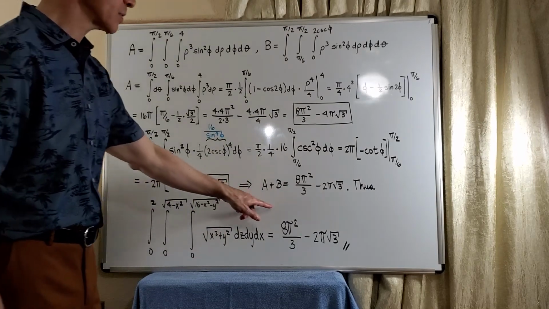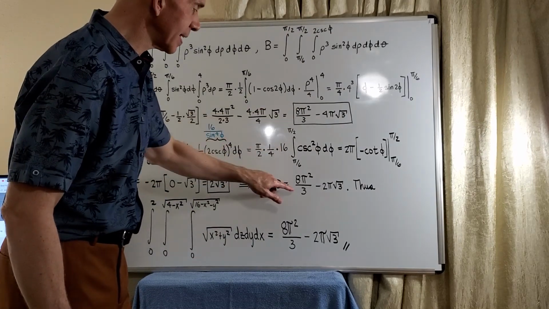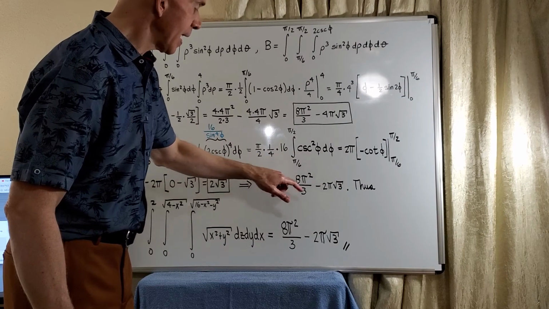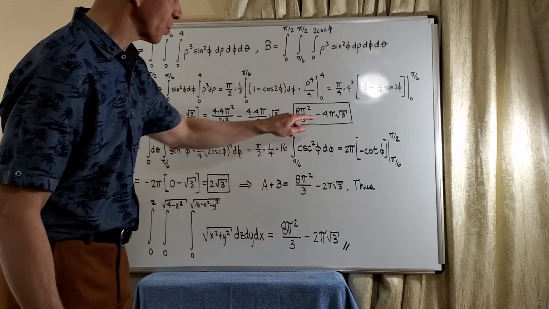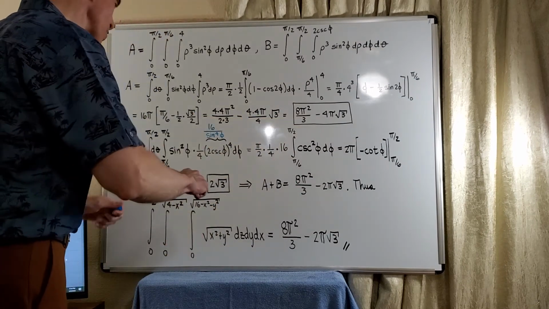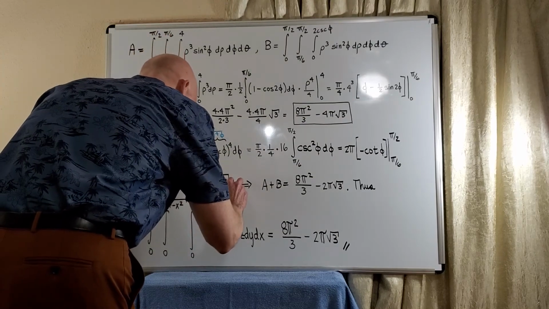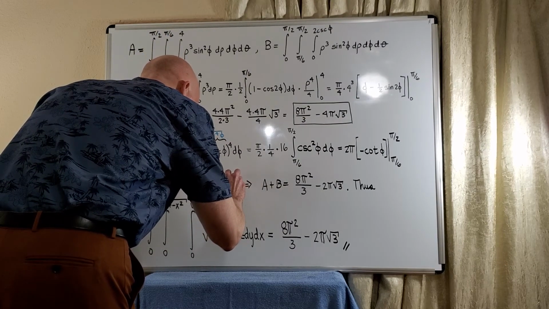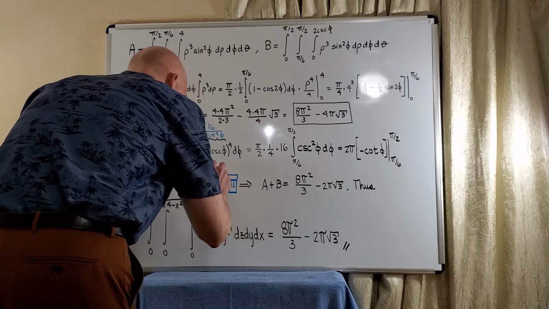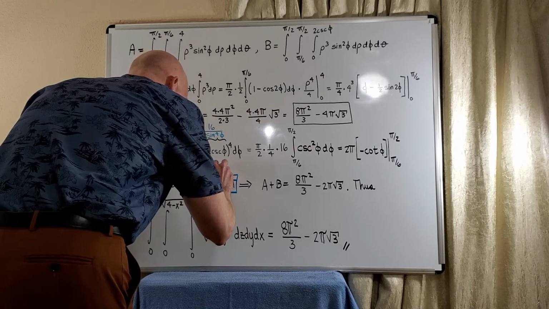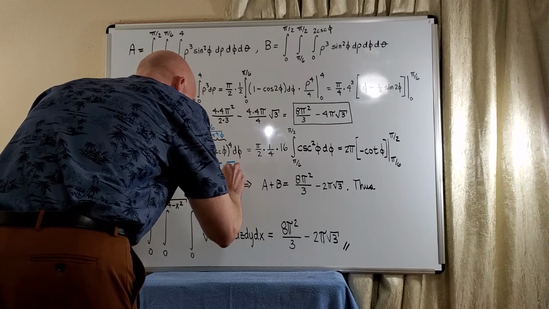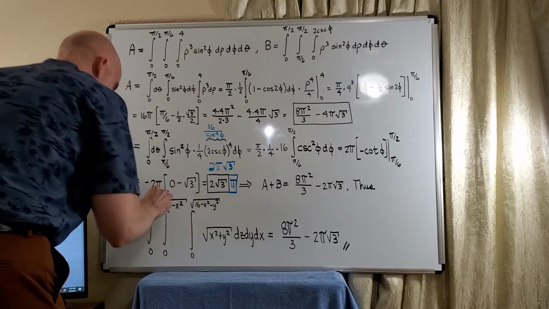Now, when we add the two, notice we still get the 8 pi squared over 3. And when we add the 2 root 3, oh, sorry, I left out my pi here. Tragic. Let me write that in. So this is just 2 pi root 3. Yeah, this pi I need.